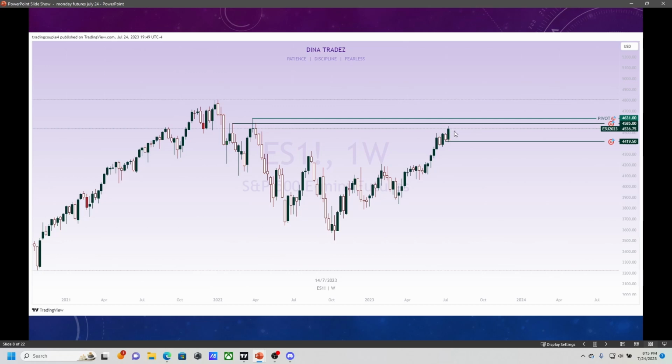So if price wants to revisit that area, it could potentially be an area where we possibly reverse, or we could come down, touch it, and then go back to the upside. So that would be a potential target on the weekly. In terms of upside, because we are bullish and we don't know.